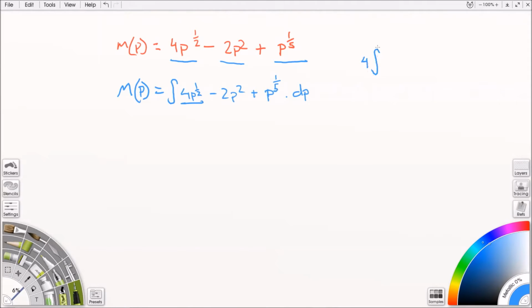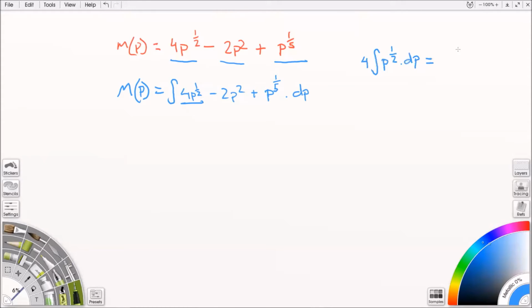If we see this integral sign as a gate, it separates what we focus on this side, what we're actually working on, from what we can work on later. We're just going to work with p to the 1/2 and integrate that, and we'll bring the 4 back in later.